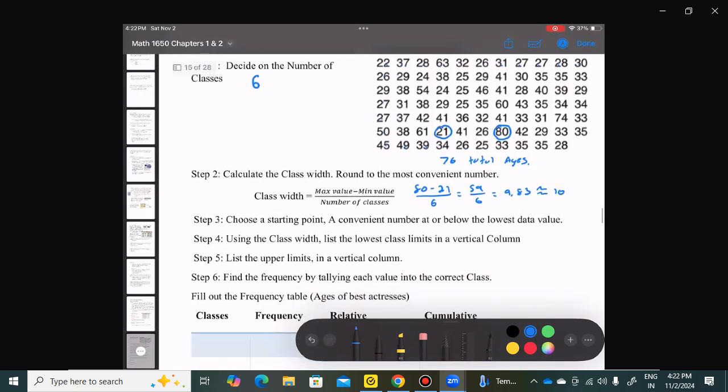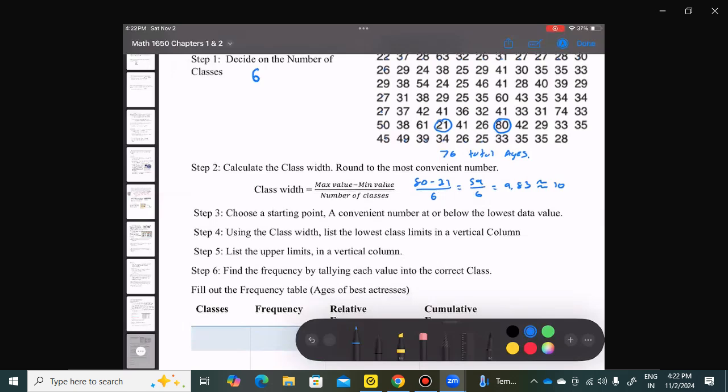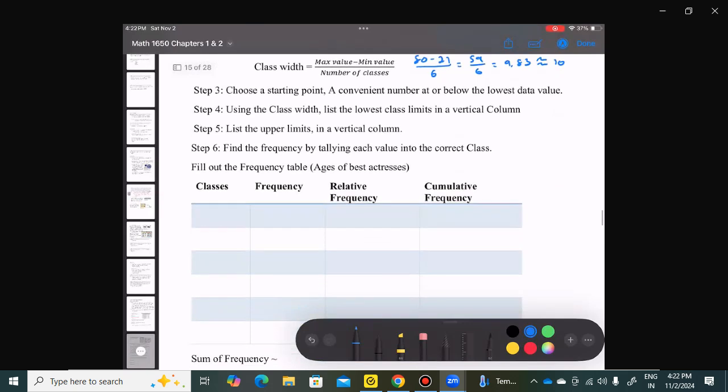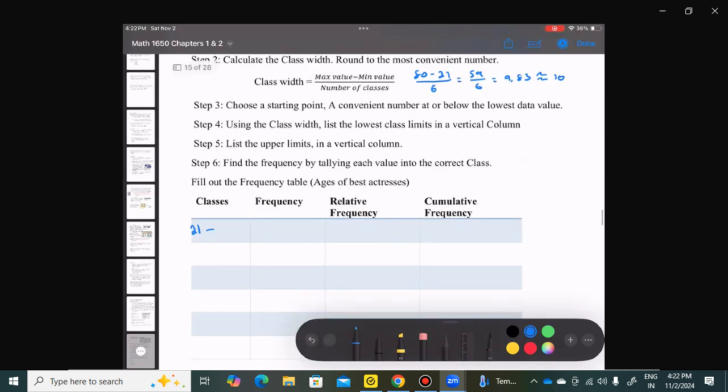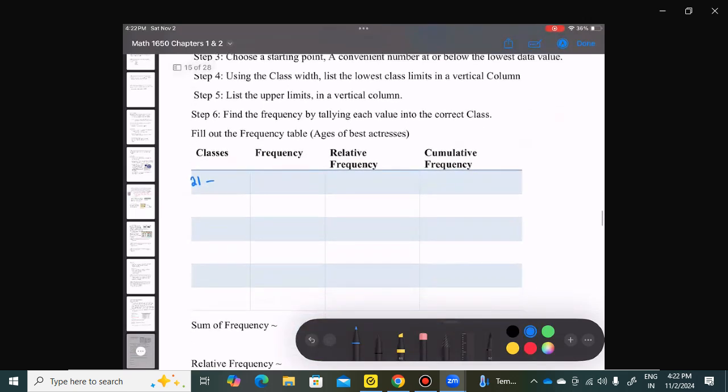Then you want to choose a convenient starting point. Usually it's either the lowest number, or maybe we choose 20, but I'm going to go with 21. And that's going to be the lowest. And then we add the class width and get all the lowest class limits.